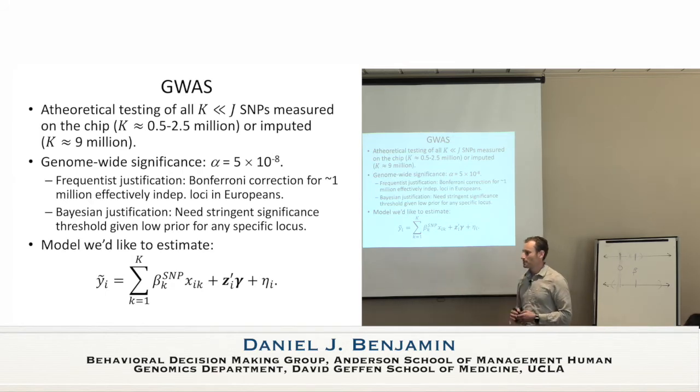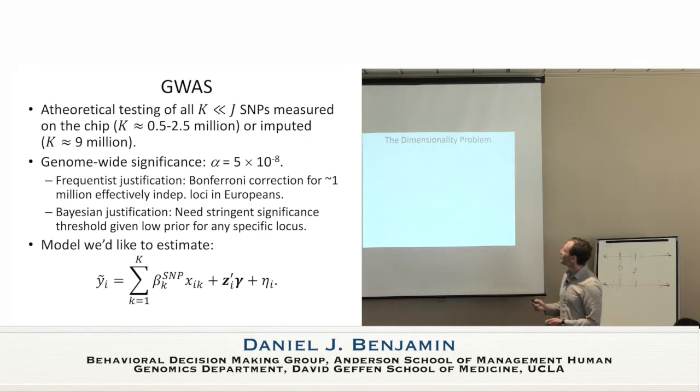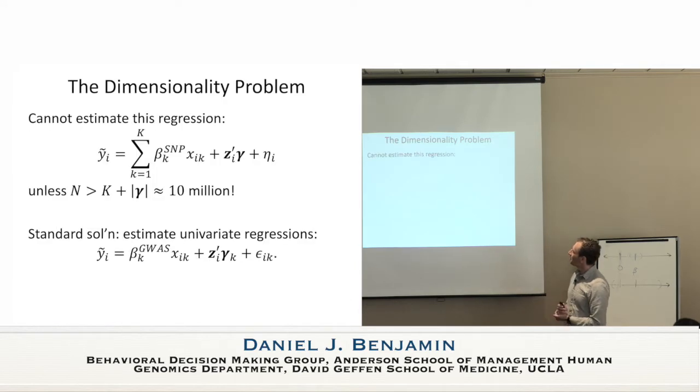What else? Yeah. Degrees of freedom. And say more about degrees of freedom. That we have more SNPs than we have sample size. Then we have what? Then we have participants in our sample. Exactly. More SNPs than people. It's also multicollinearity, right? OK. There's a sense in which that's also multicollinearity. Fair enough. So I'd call it the dimensionality problem.